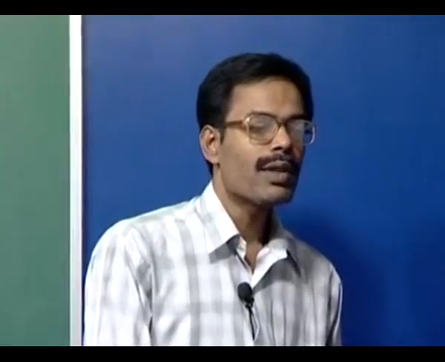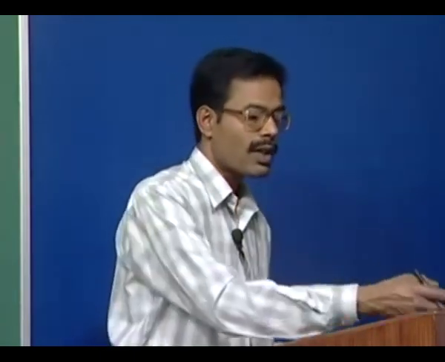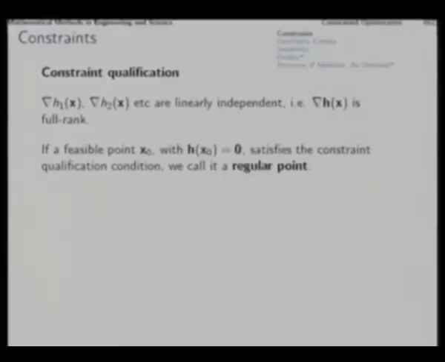So, that is why when we say that all of these are linearly independent, we mean that in the neighborhood, in the vicinity of that point, all these constraints really qualify as independent constraints. So, it makes sense to retain all of them. Otherwise, we could have dropped one of them for the local neighborhood. So, in all our theoretical discussion that we make subsequently, it will be understood that we are talking about regular points, where the constraint qualification condition is satisfied.